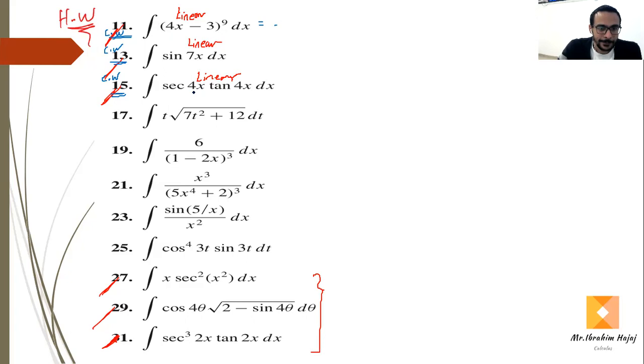I solved the first one with the u substitution method and 13 and 15 with the rules. Okay, no problem. Let's solve here. Mister, only the first three, right? That's the class work: 11, 13, 15. Okay, done.